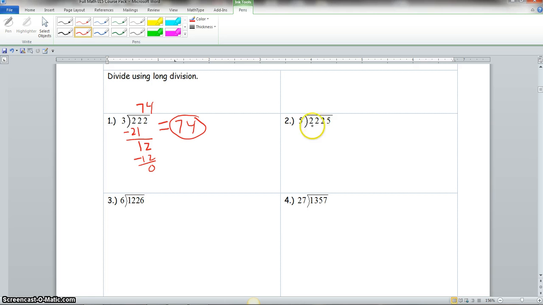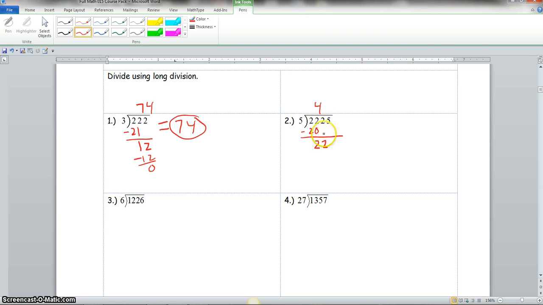Now we go to problem 2. 5 goes into 2 0 times. 5 goes into 22 4 times. 4 times 5 is 20. 22 minus 20 is 2. And you bring down this 2.